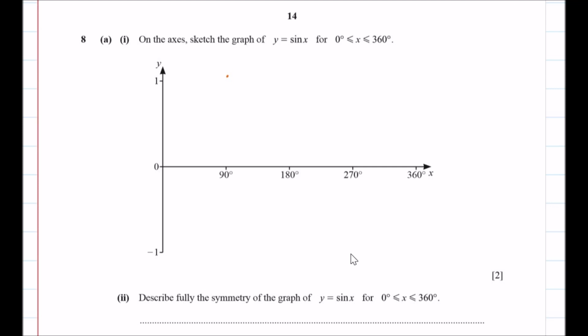Sine 270 is -1, so we need to put a point here, right? At 360 again 0. So we have points like this. So if you remember the shape of the curve, it goes like this. Done.